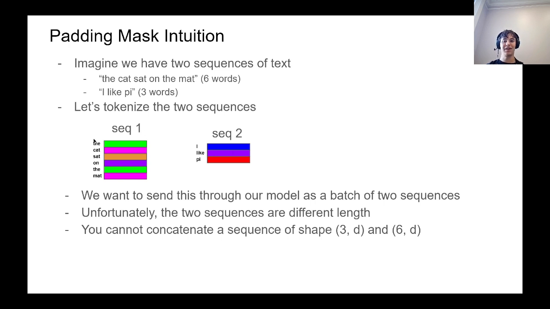So I want to produce a batch dimension with these two stacked together. Now, if this has 3 words and this has 6 words, I cannot stack them together. If I want to create this tensor, and I want it to be of shape 2 by something by d, I need that something to be the same length. I need the sequence length to be the same for both sequences in order to create this batch dimension.